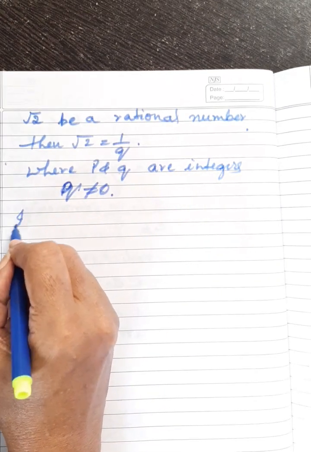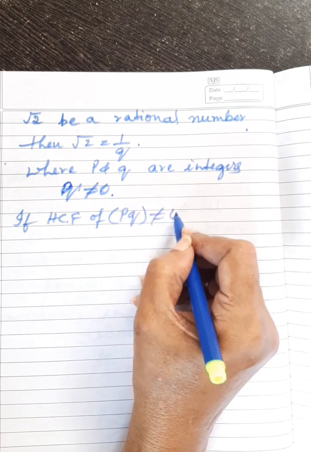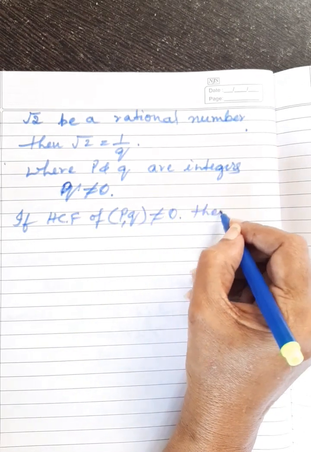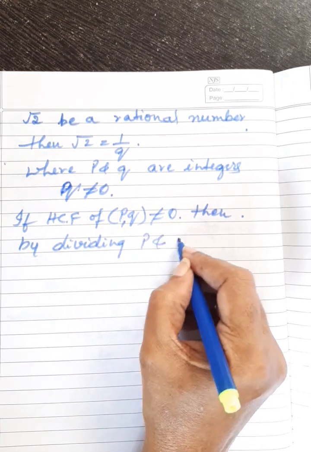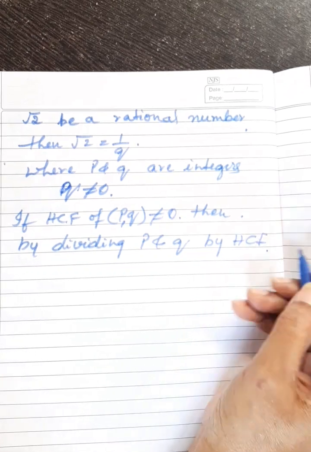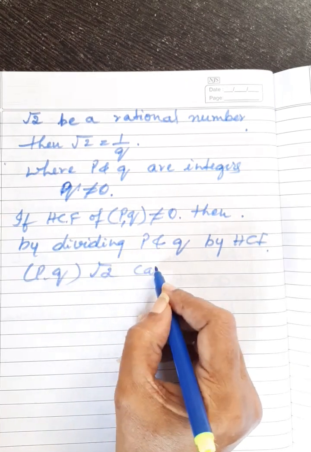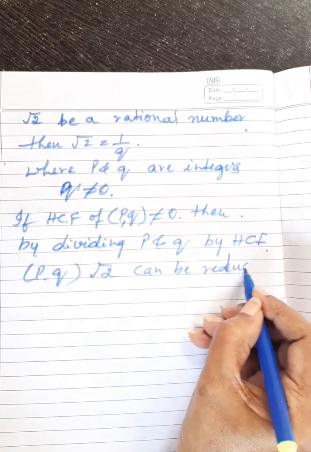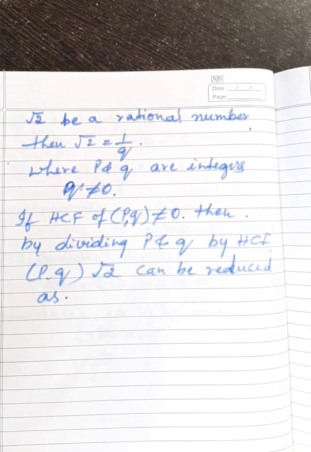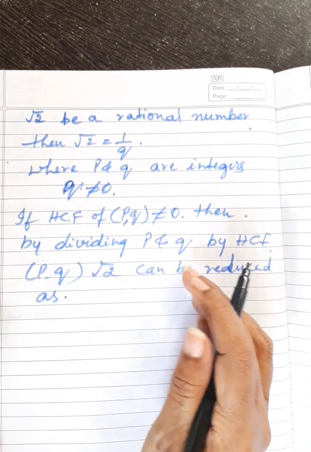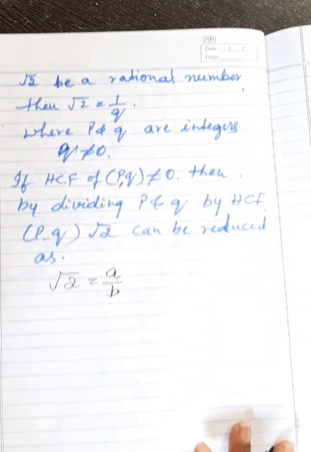Now, if HCF of P and Q is not equal to 1, then by dividing P and Q by HCF of P and Q, root 2 can be reduced as root 2 equals A by B. Okay.